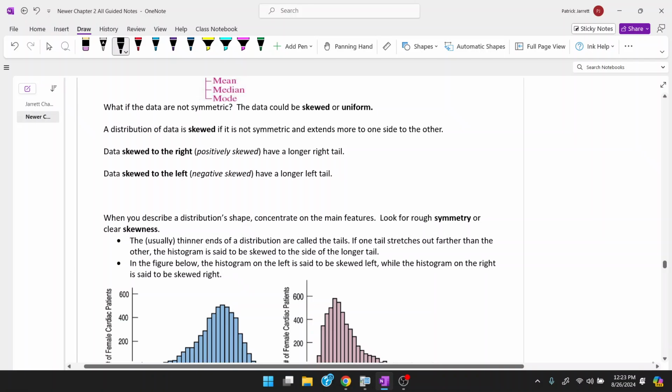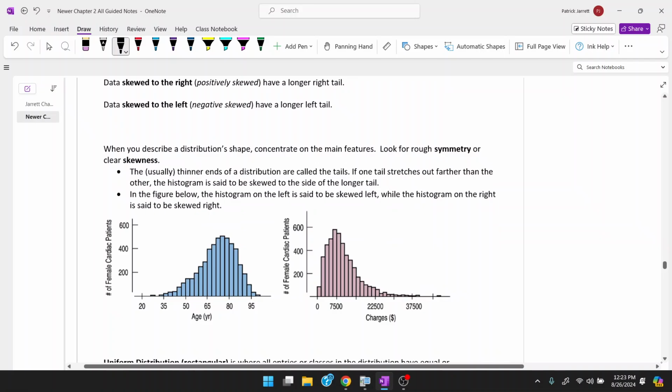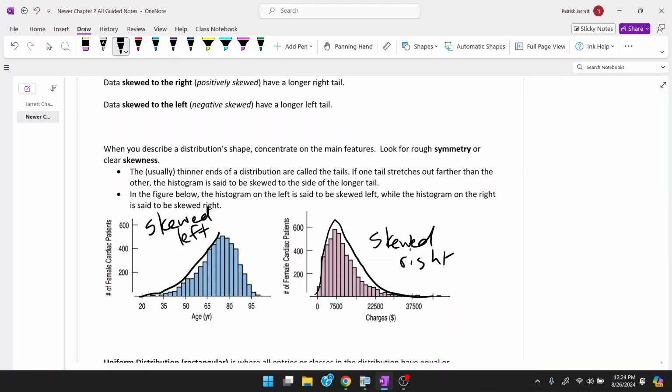Data that are skewed to the right have a longer right tail. So in this case, this is what we would call skewed to the left. And this one would be skewed to the right. These look like roller coasters in a way, because the lift hill can't be symmetric.